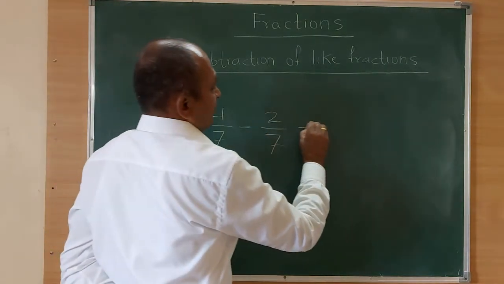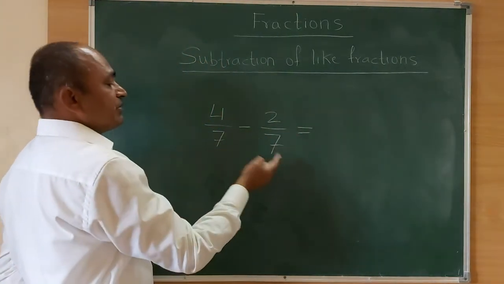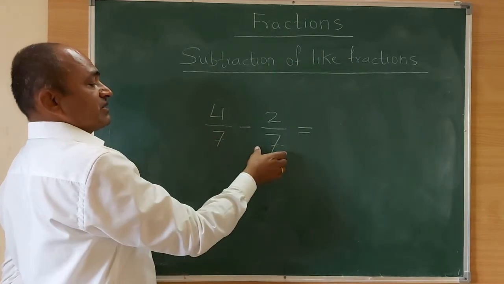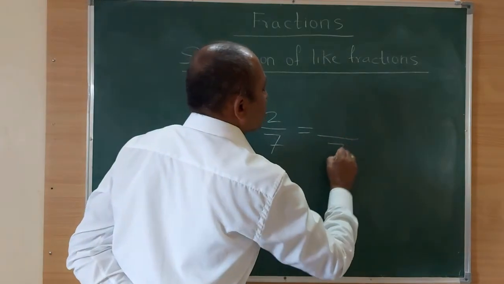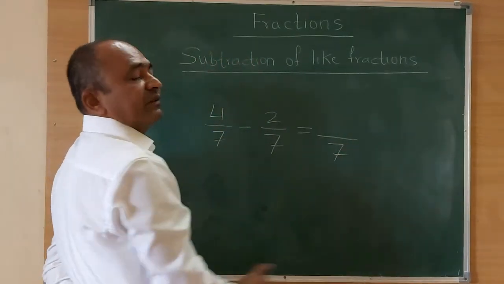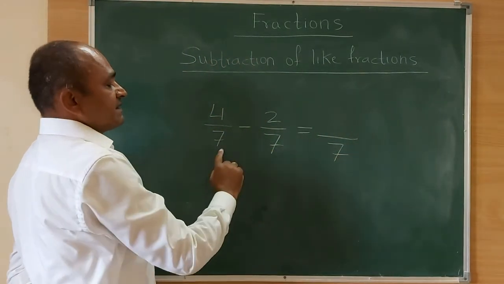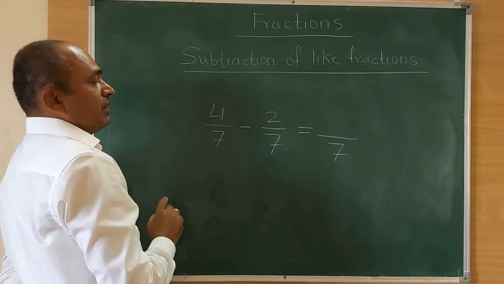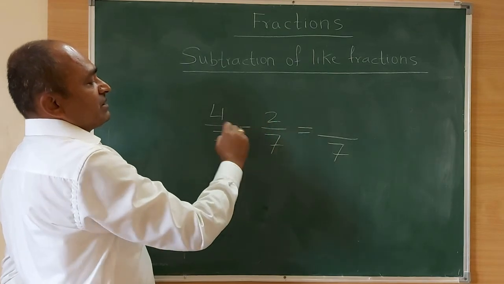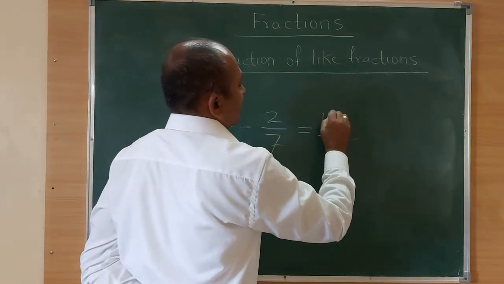Now here, you know that in addition of like fractions we write the denominator as it is. Here also we write the denominator as it is in case of subtraction also. But instead of addition, here we do subtraction.